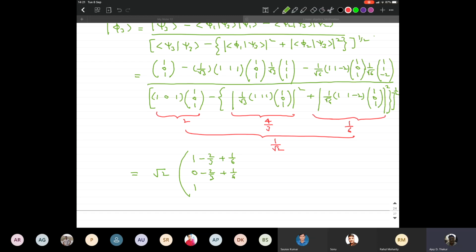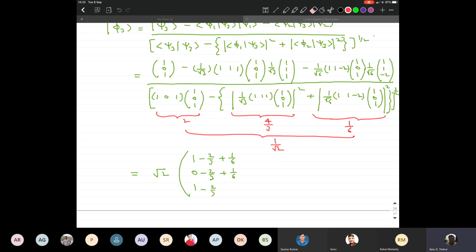And the third component is going to be 1 minus 2 by 3, and 1 minus 2, which is minus 1, so plus 1 by 6 times minus 1 by 6. So this is minus 2 by 6.